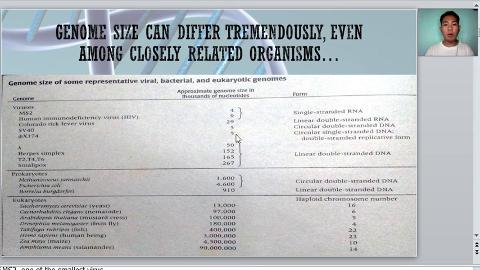Notice in the table that even among this group of viruses, they differ in approximate genome size in thousands of nucleotides. Also, in this group of eukaryotes, we can observe differences in their genome size in thousands of nucleotides.